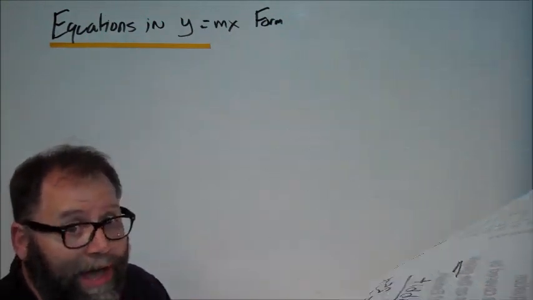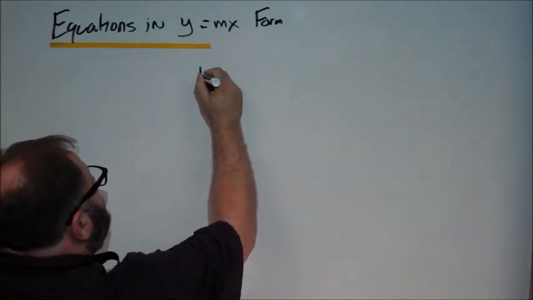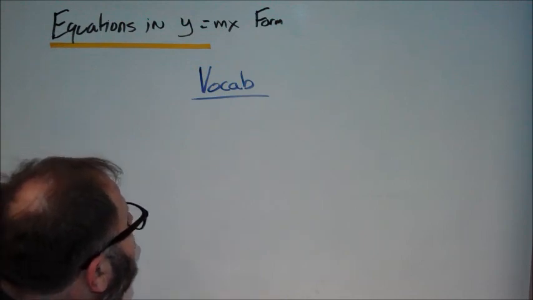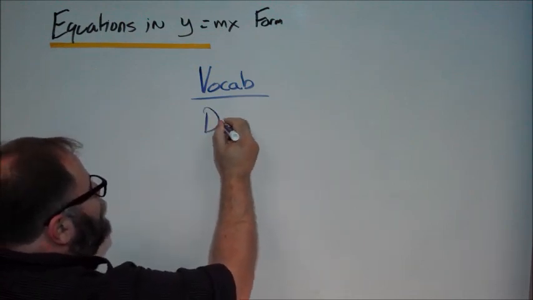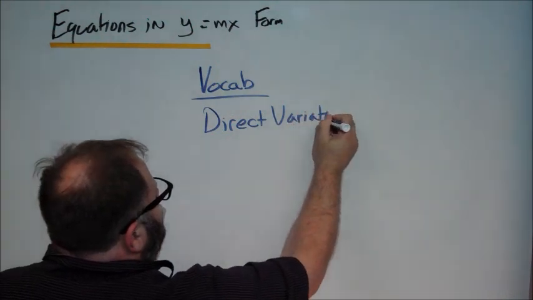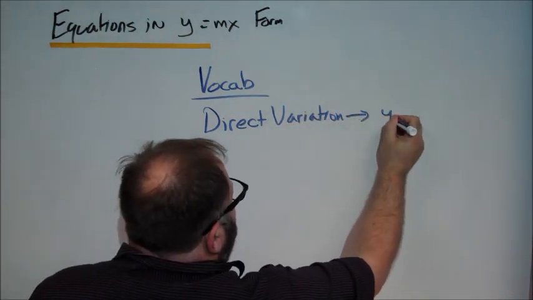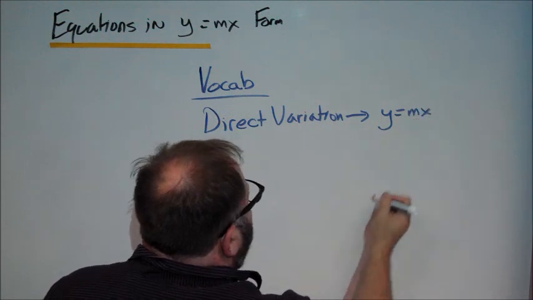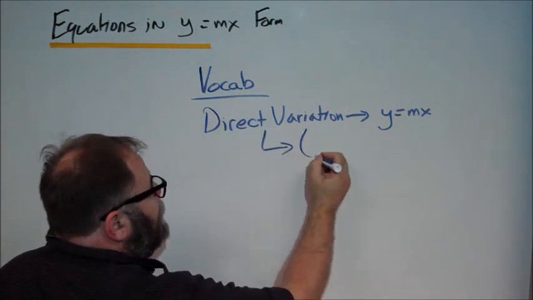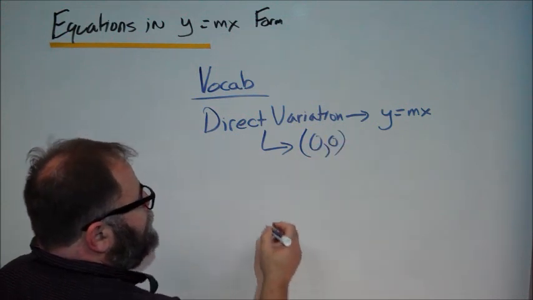Oh man, vocab for this one. Boy, this is important. Vocab. What we need to know for sure is direct variation is y equals mx. What we should know about direct variation is it will go through the origin.